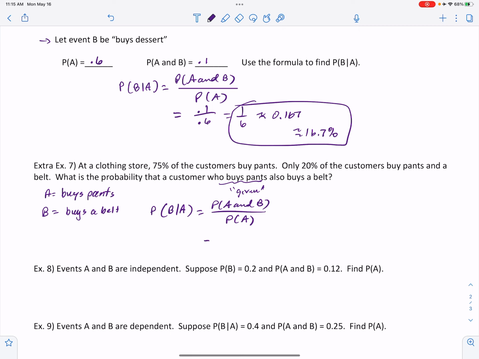And so they give you that 20% buy pants and a belt. And the probability that they buy the pants is 0.75. So that is 20 over 75, which is 4/15, which is about 0.267 or 26.7%.